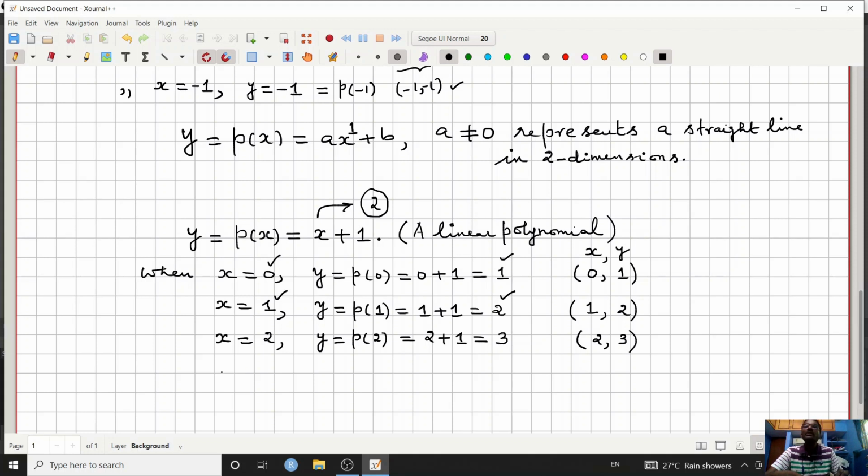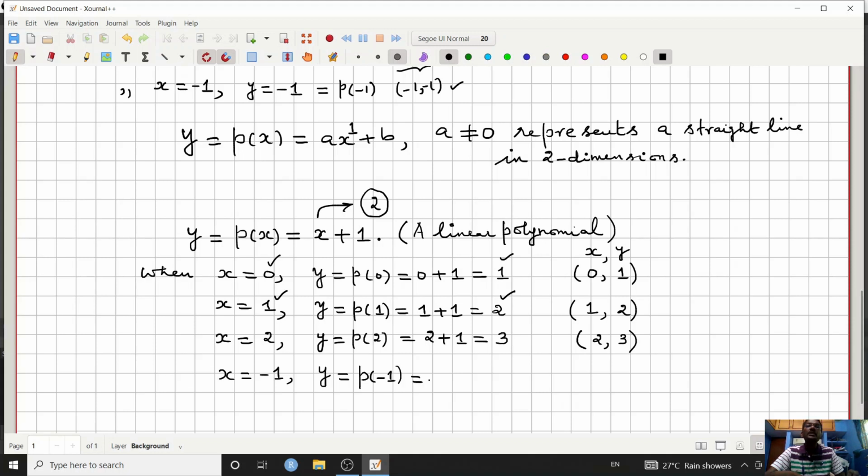Now let us give negative values. What will happen when x is equal to minus 1? When x is equal to minus 1, y is equal to p of minus 1. Replace x by minus 1, and you also replace here by minus 1.